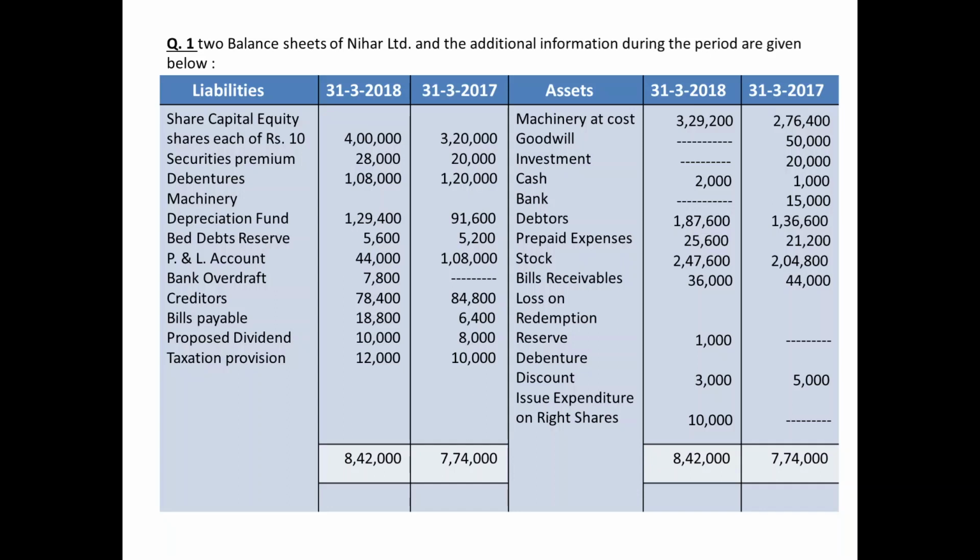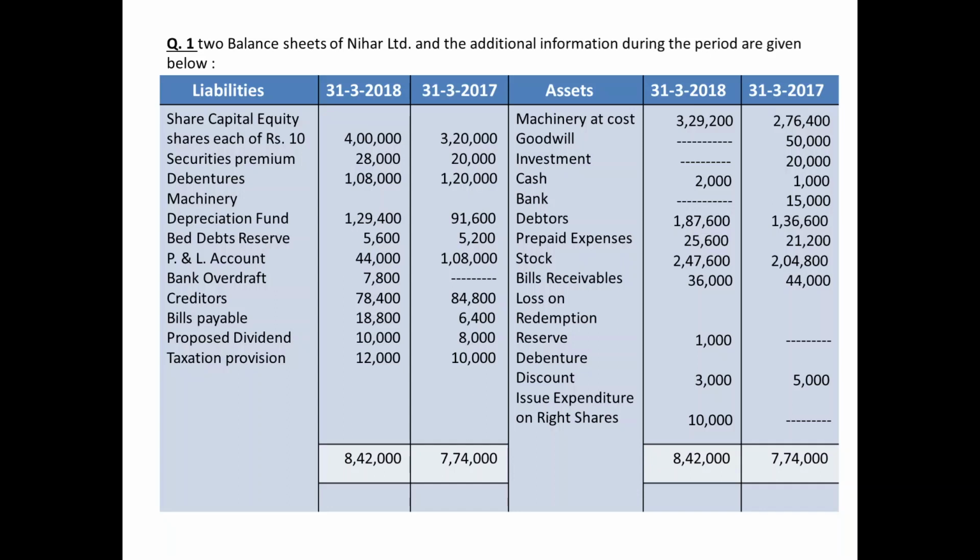So see the sequence of columns. Normally we are habituated to the right sequence, that is 17 first followed by 18. While over here it is a reverse sequence, 18 has been given first and then afterwards 17.